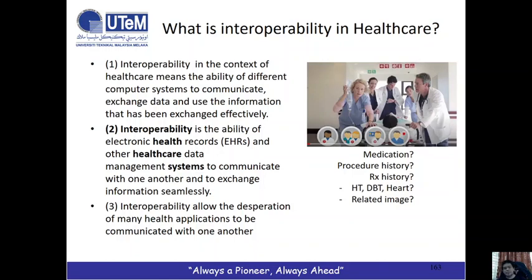So interoperability is the ability of electronic health records and other healthcare data management systems to communicate with one another and exchange information seamlessly. Okay, so this is a good term, seamlessly.